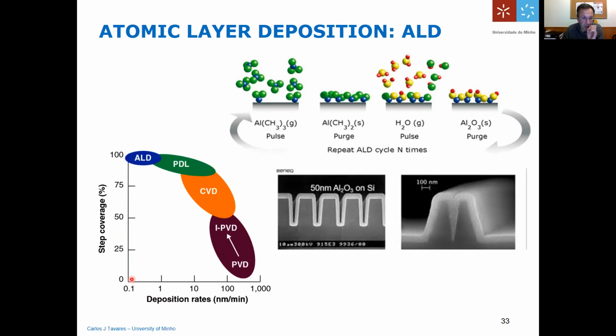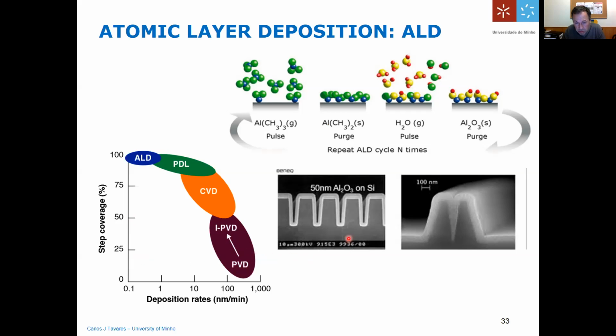So here in ALD processes, at most, on the most efficient ones, we are producing 1 nanometer per minute. So you're producing 10 angstroms per minute, which is very slow. For example, if you compare this with sputtering, you can go higher than 100 nanometers per minute, okay? But the coverage is much smaller. It can be below 50% of the surface, okay?